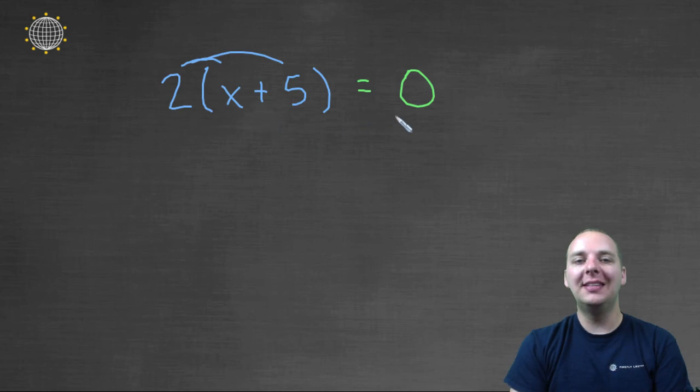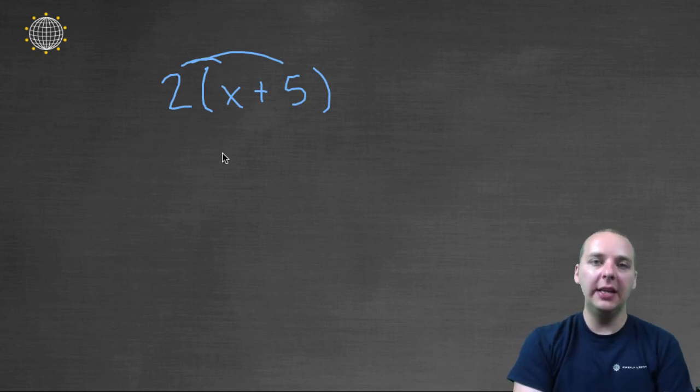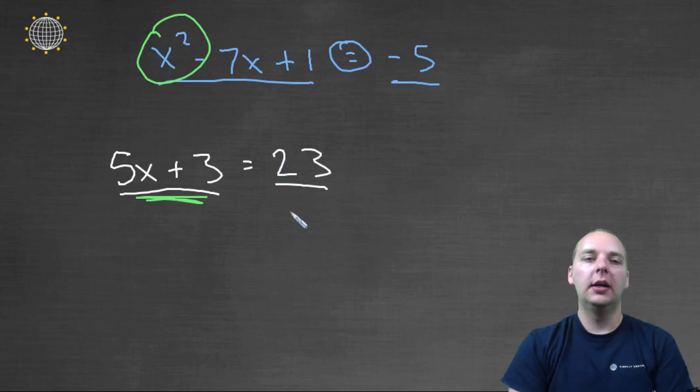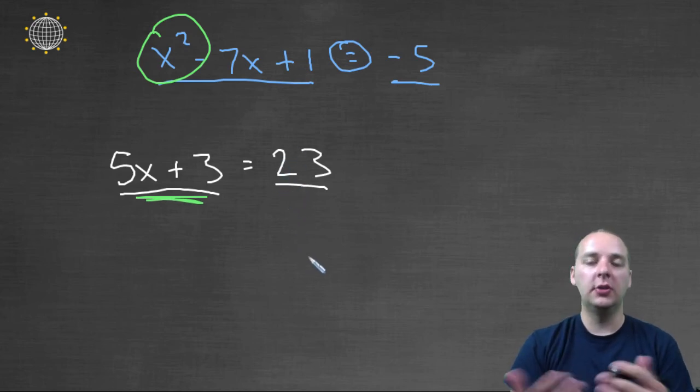There's no reason to set something equal to 0 just because. Now, if there's a reason that you're setting it equal to 0, that's something else. But if you just have an expression, don't just arbitrarily set it equal to 0 just because you think you have to. So just be aware of that. If it's an expression, leave it an expression. If it's an equation, leave it an equation, unless you have some reason to change it.